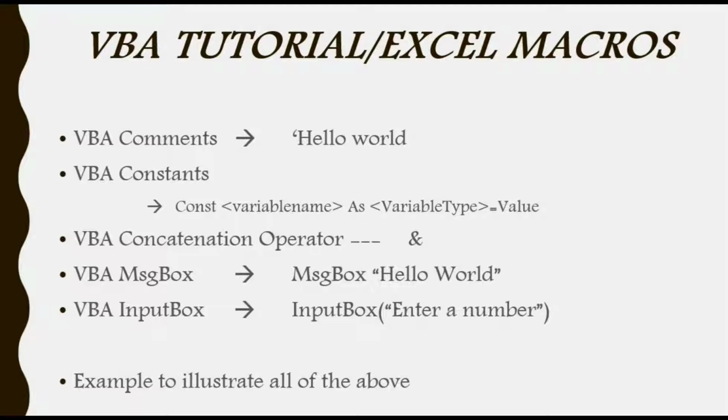So these are the five main basic concepts that you need to know for writing a basic macro code. In the coming lectures, I am going deeper and will tell you about worksheet objects and range objects and all. For this video, I am going to discuss these things, and now I am going to illustrate them with the help of a spreadsheet and macro code.